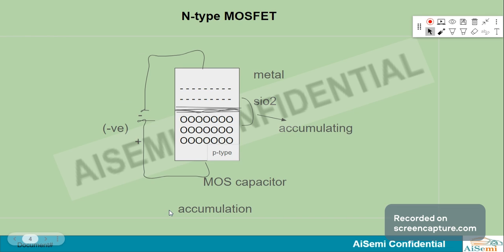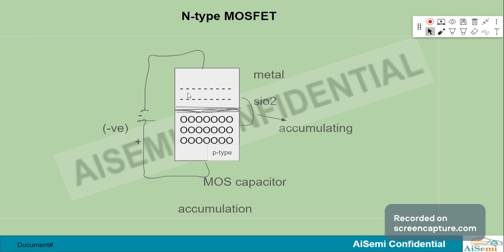Here, in the MOS capacitor, I am applying a negative voltage to the metal and positive to the p-type substrate. In the metal, electrons are there, so the negative charges repel each other. Here also the holes are positive, so positive charges repel each other.